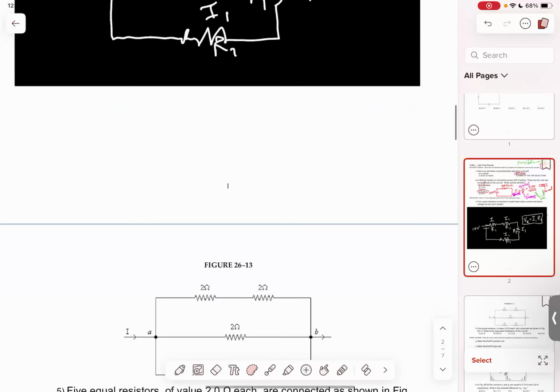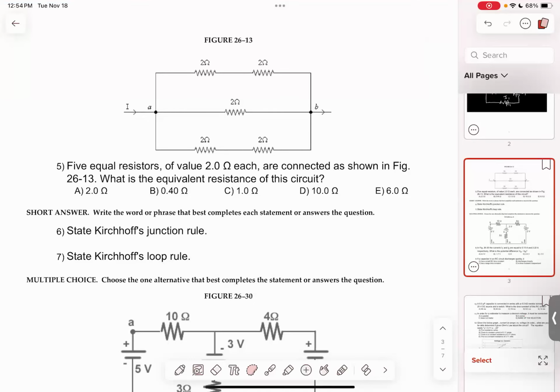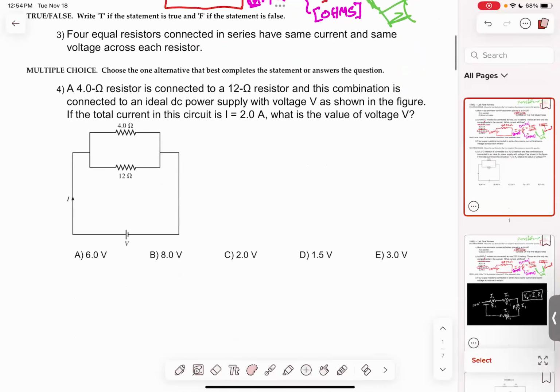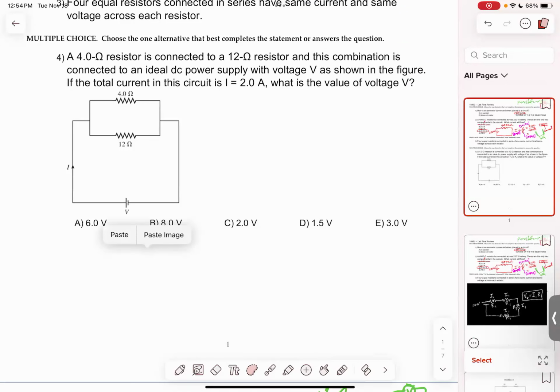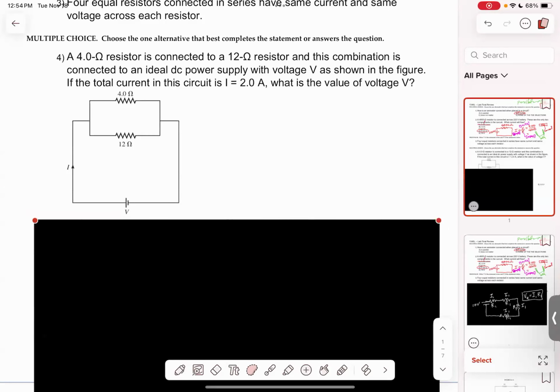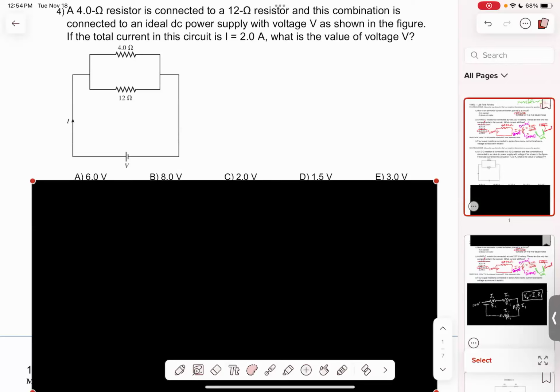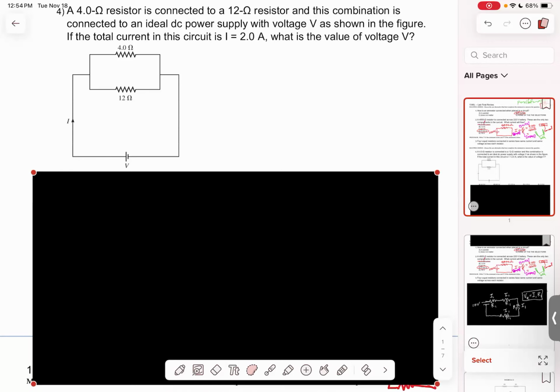Okay, let's look at problem number 4. Number 4 down here. Number 4, we have a 4 ohm resistor, and it's connected to a 12 ohm resistor, and this combination is an ideal DC power supply with some voltage V as shown.